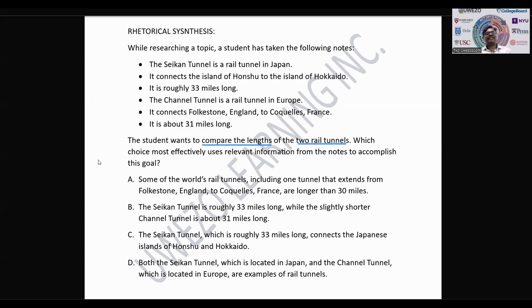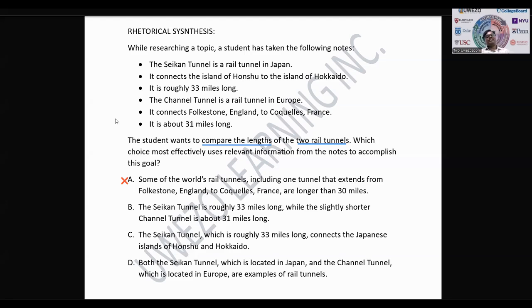It says some of the world's rail tunnels, including one tunnel that extends from Folkestone, England to Coquelles, France, are longer than 30 miles. Now, here we are talking about a tunnel, but we are not comparing that with any other tunnel, particularly the length. So option A cannot be your answer.